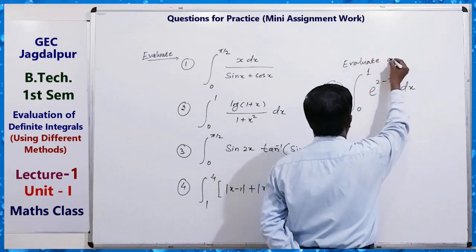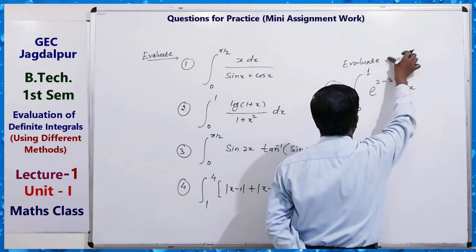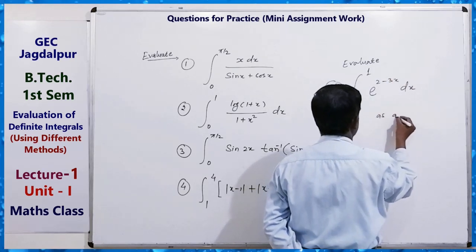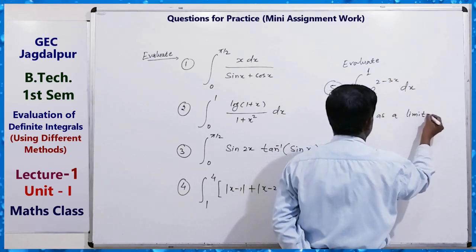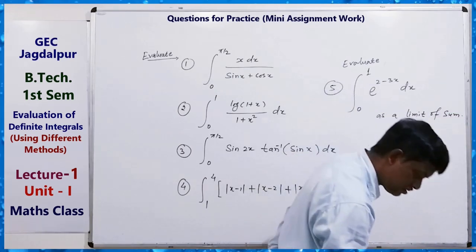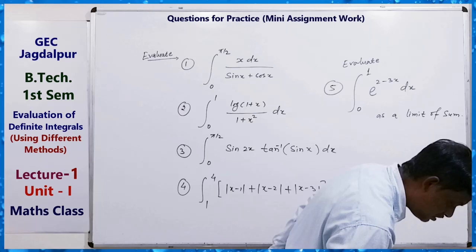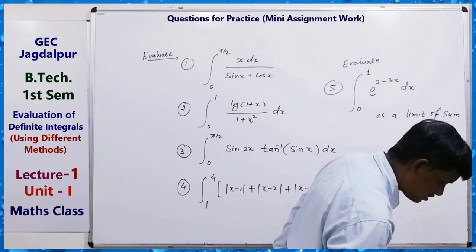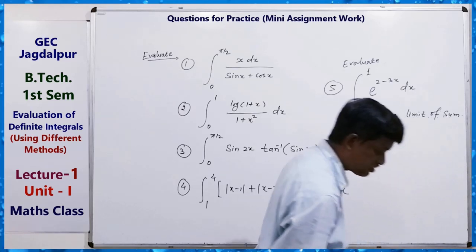Evaluate this as a limit of sum: integral 0 to 1 of e to the power 2 minus 3x dx as the limit of sum.